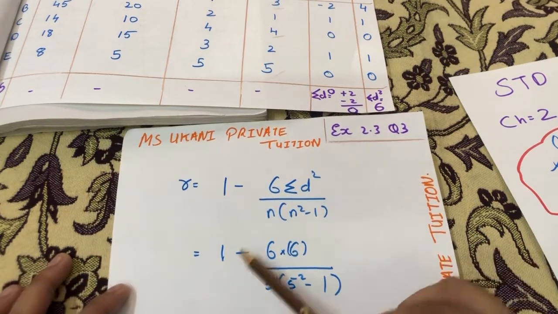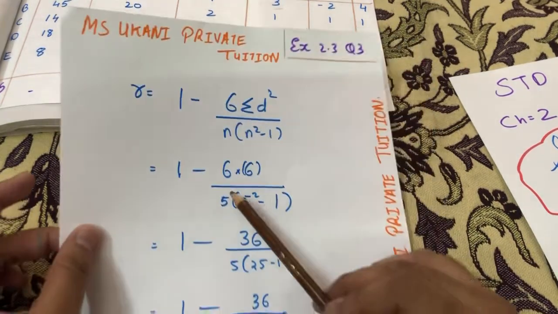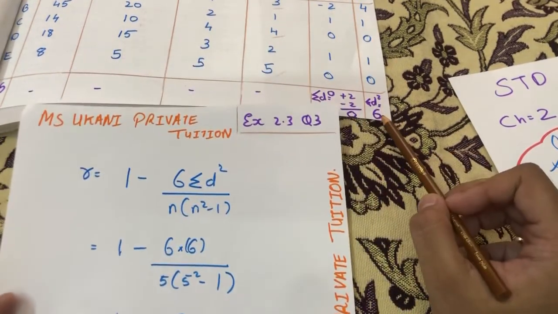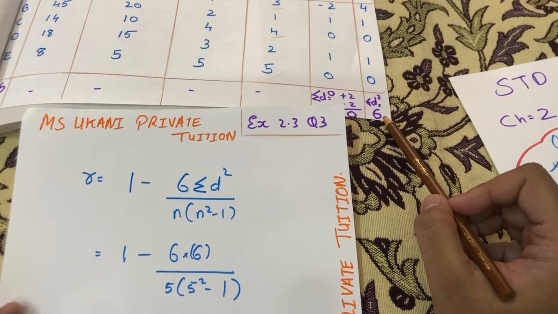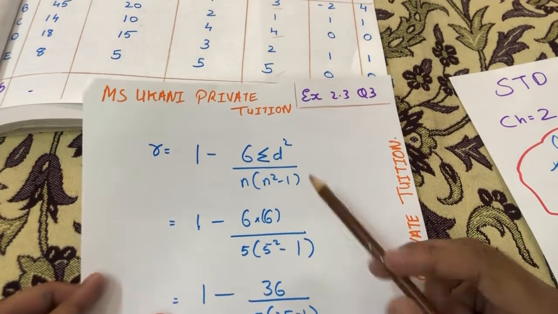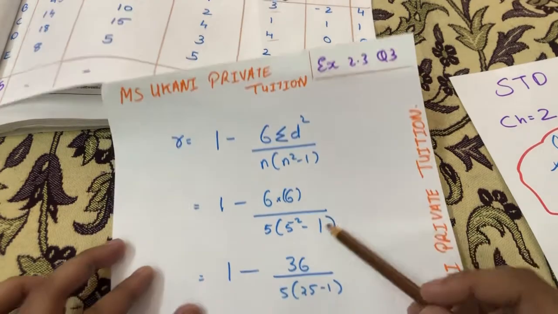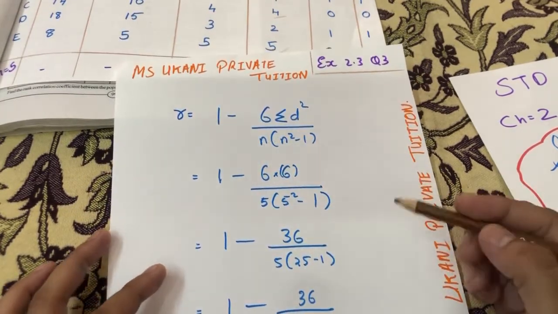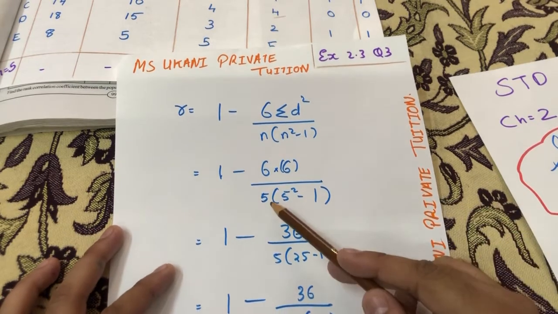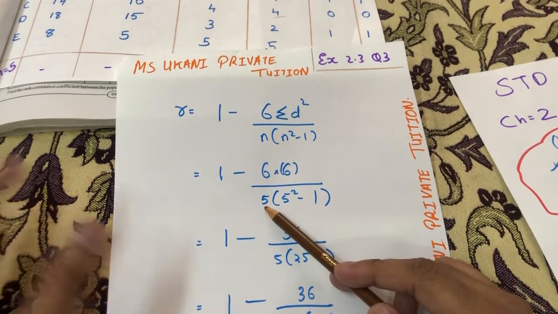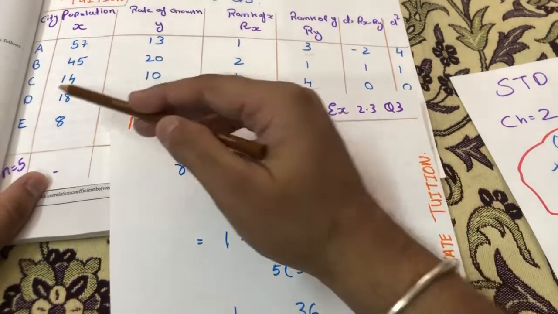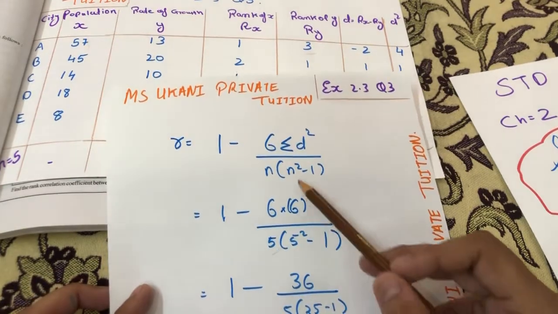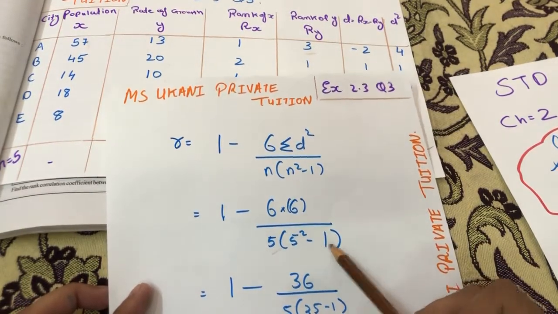So here, 1 minus 6 multiplied by our summation D square, which is 6, as we had already calculated in the question. In the denominator, n is our 5. See, in the question 5 cities have been given: 1, 2, 3, 4, 5. So here we will put 5. Again n square is 5 square minus 1.